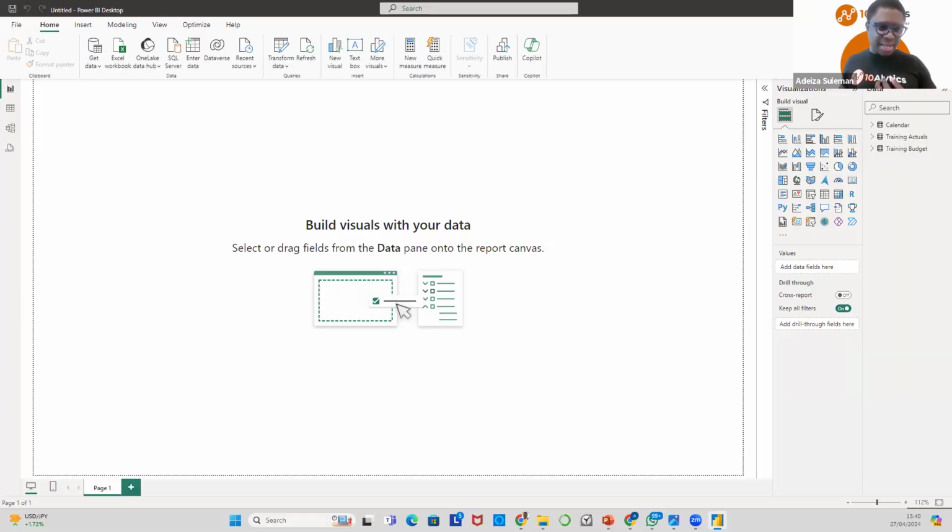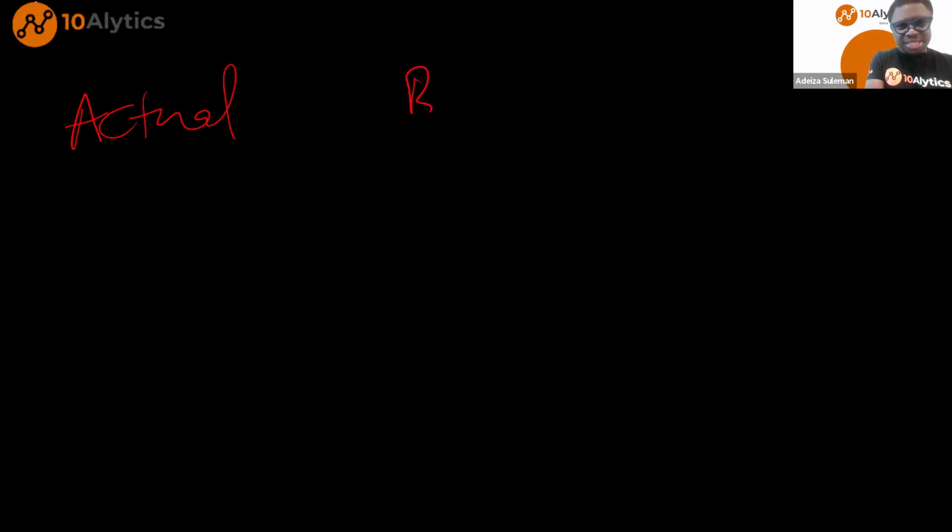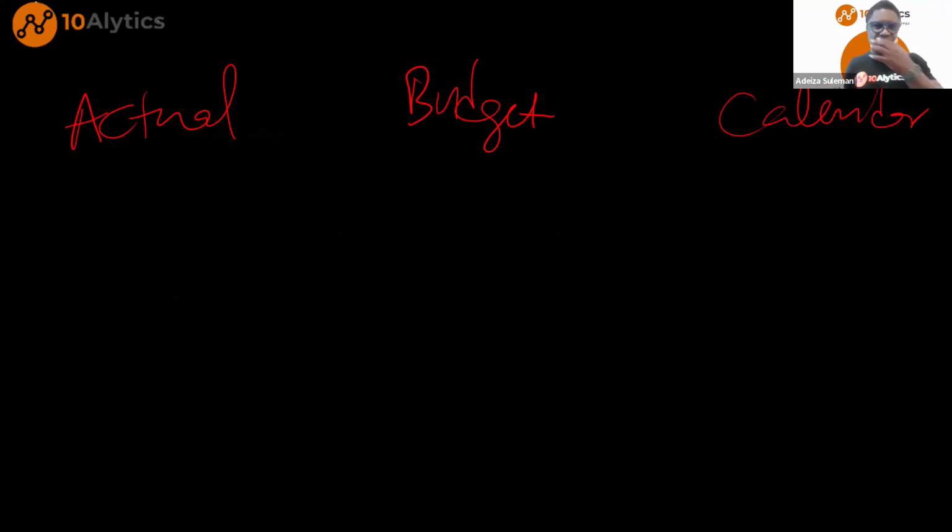And let me go back to my slide. I want to show you something before we go back to Power BI. We have three different tables. We have actual, we have budget, and then we have calendar. Now, they are separate from each other. The three tables are what? Separate. My actual is separate.